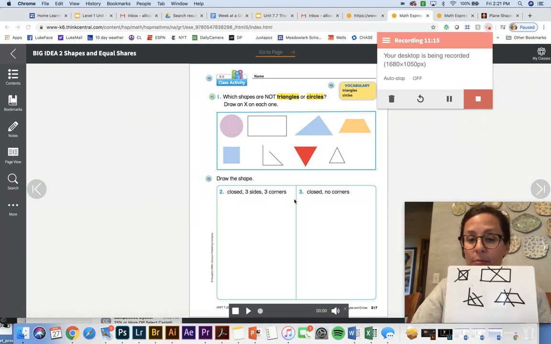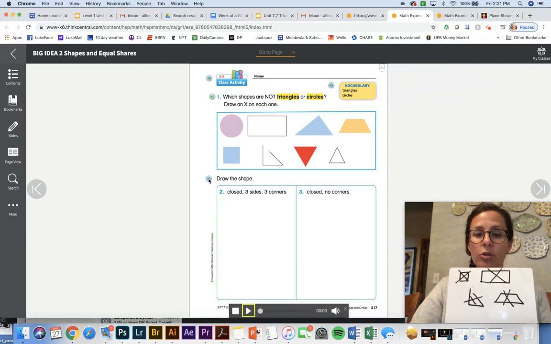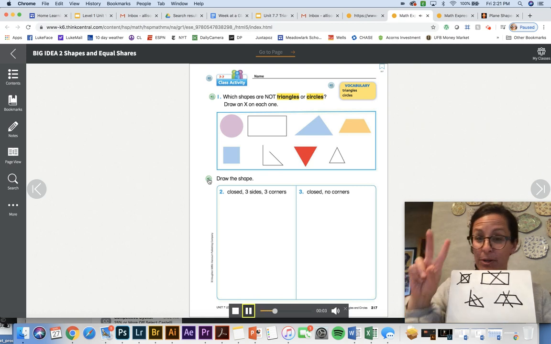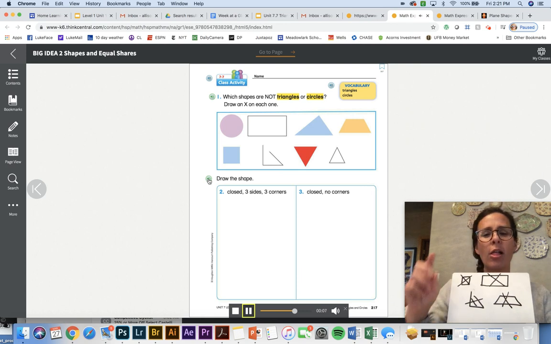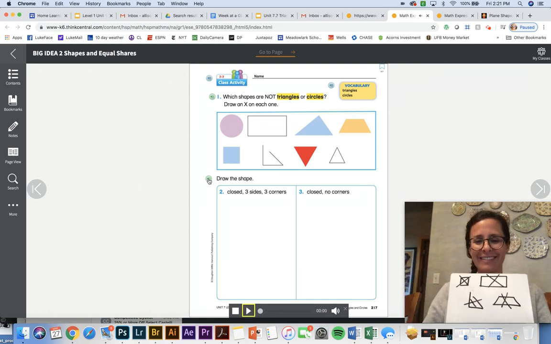The bottom right here, these 2 questions, let me read them to you. Draw the shape. Number 2, closed, 3 sides, 3 corners. Number 3, closed, no corners.